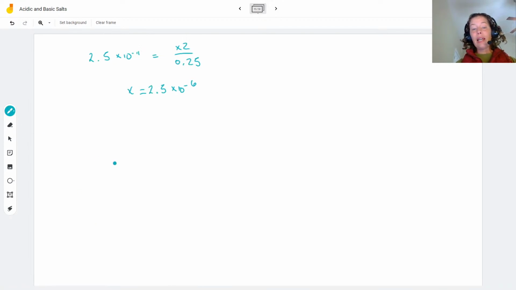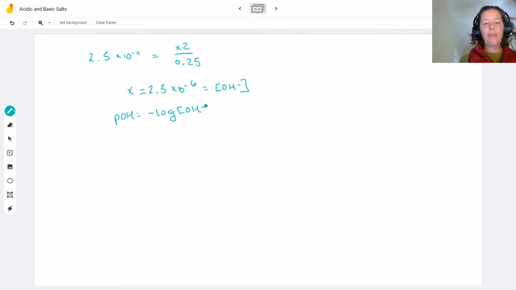But first, what I like to do is to calculate pOH. So pOH is equal to negative log of hydroxide, which we know. This is 2.5 times 10 to the negative 6. So our pOH is 5.6.